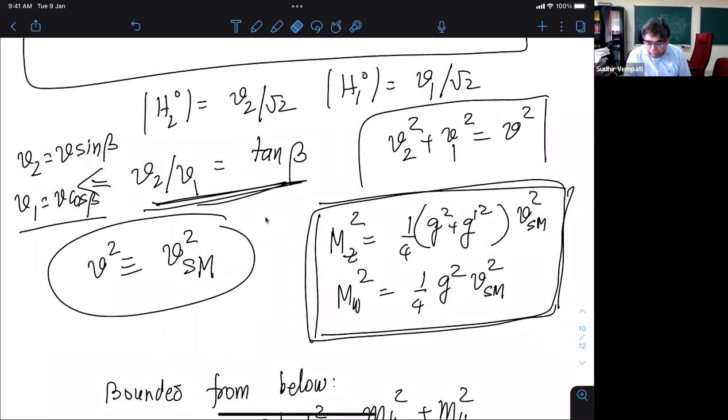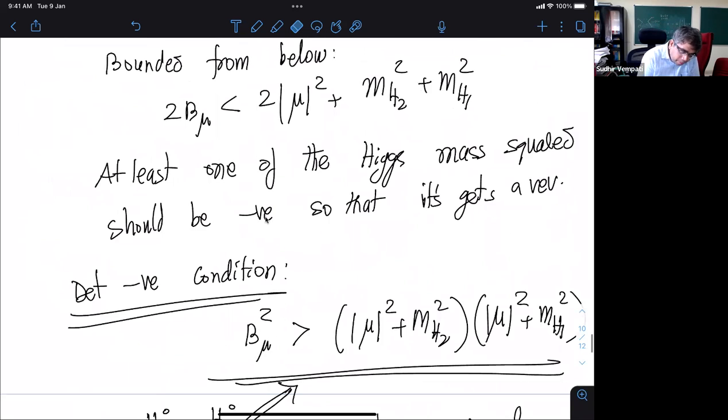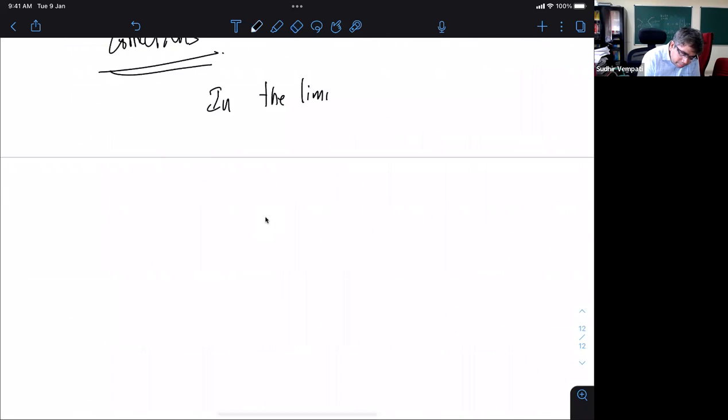So sin beta becomes 1 in the limit of large tan beta. I think I'm correct. It's 1 for sin beta versus 1 by tan beta for cos beta.